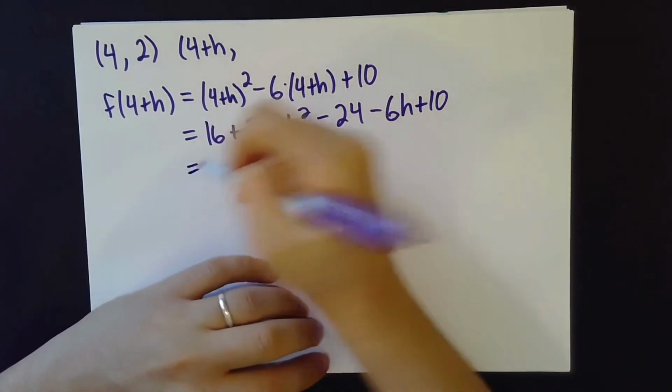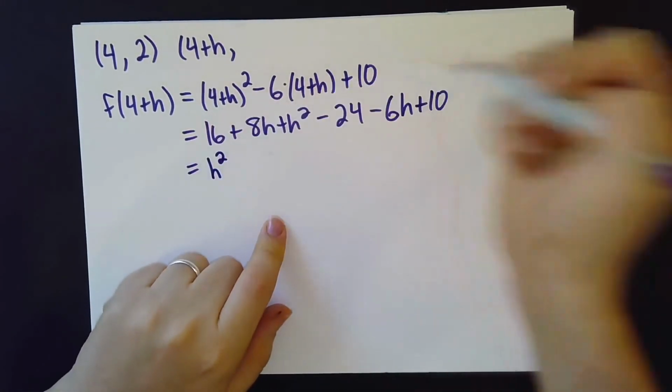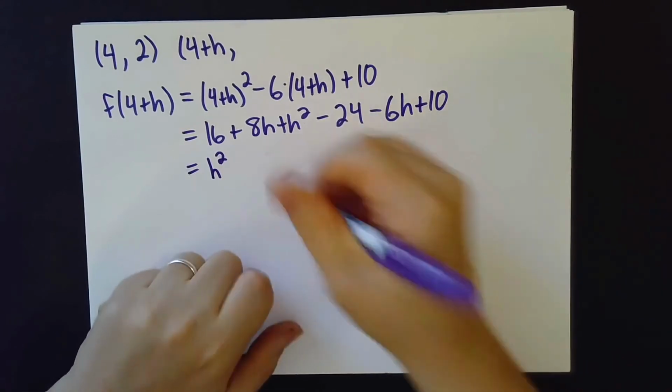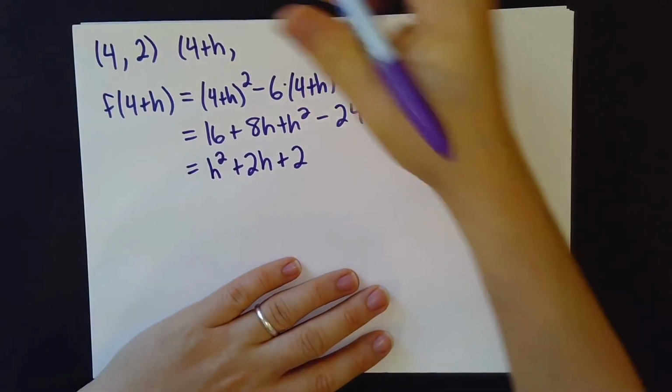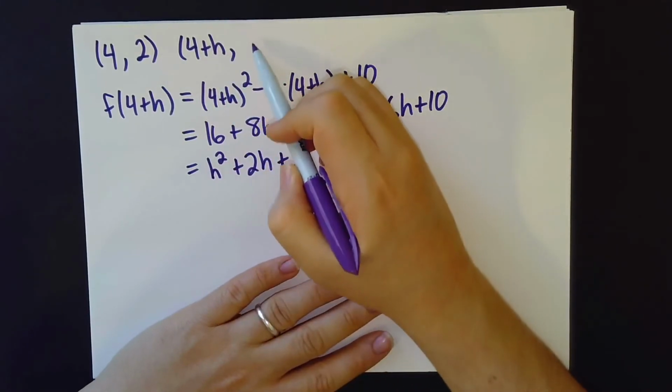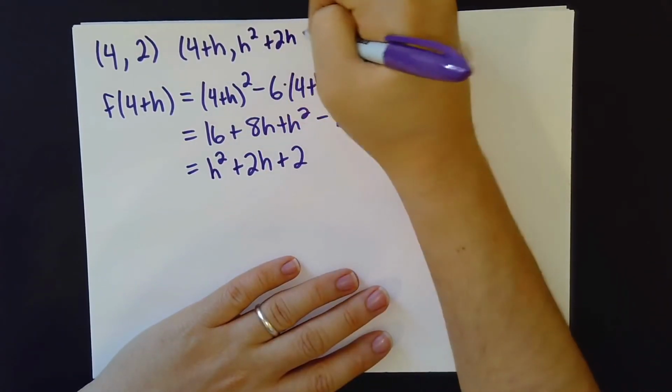So there's an h squared, plus 2h plus 2. So our y-coordinate here is h squared plus 2h plus 2.